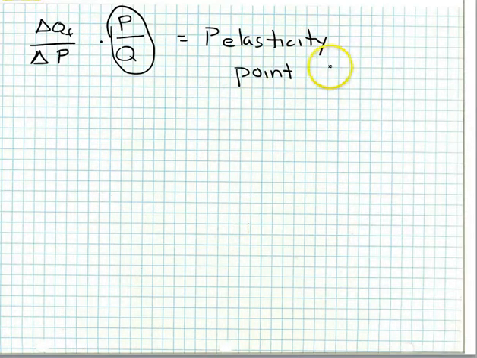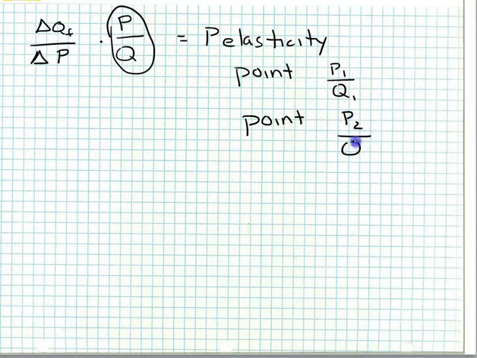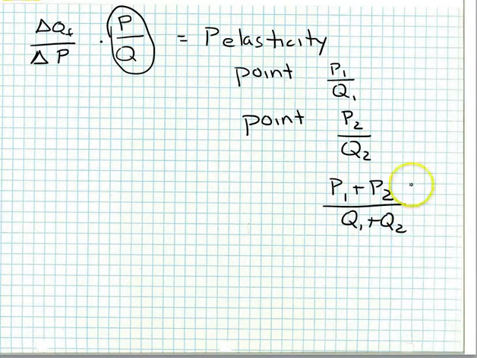And again, this piece could have the original prices and quantities, point elasticity, the new prices and quantities, point elasticity, or we could calculate an arc elasticity using the summation of the prices and quantity.